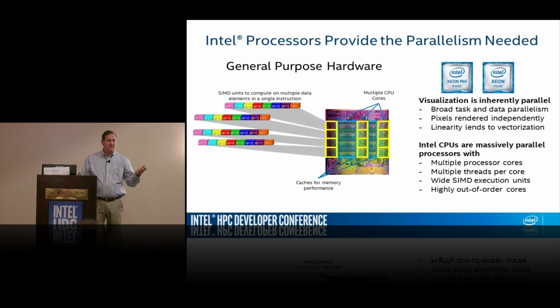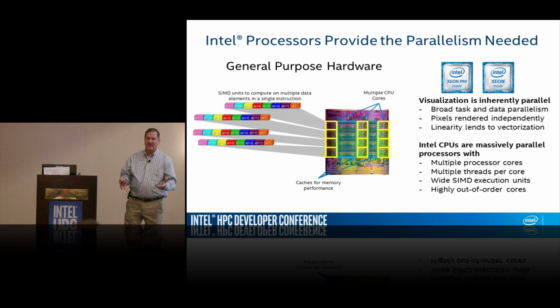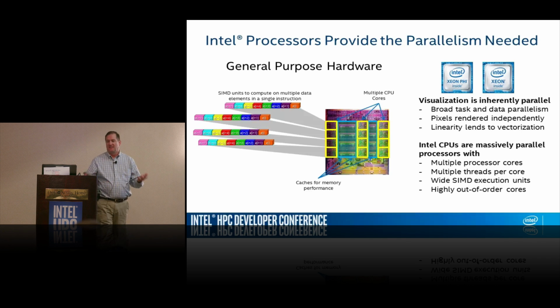So the bottom line is, we engaged in this because we have been adding more and more parallelism with each generation, as well as the many-core parallelism that we have. So we have great parallel processors that also present themselves as general purpose hardware solutions.